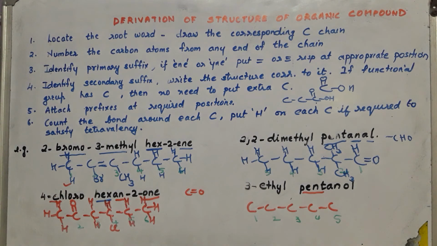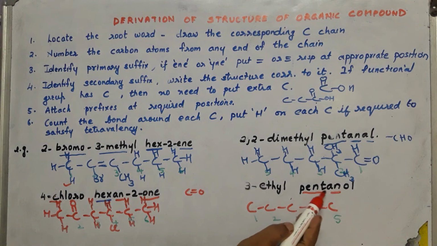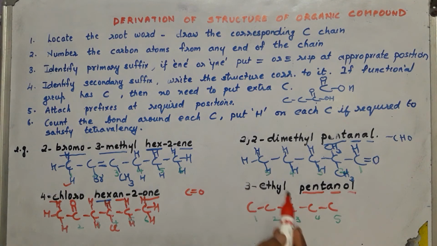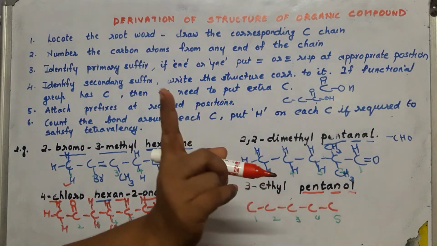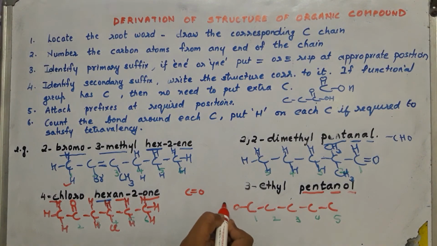Now after numbering, give the primary suffix. It is an, all single bond. Now give the secondary suffix ol. Ol means OH. OH is coming on first carbon. No position is given, that means it is understood as first carbon. So on the first carbon give OH.